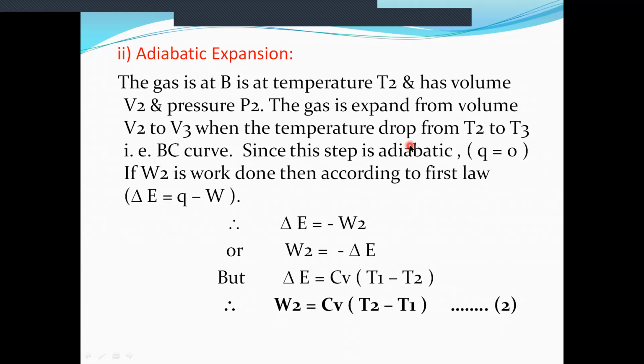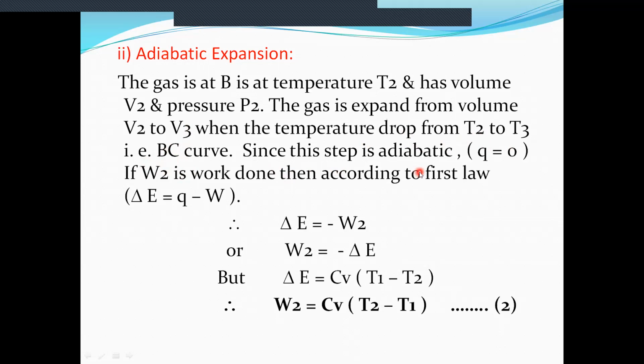Here temperature decreases from T2 to T3, and it is denoted by curve BC, as shown in the graph. 2 means point B and 3 means point C. So that is denoted by curve BC.